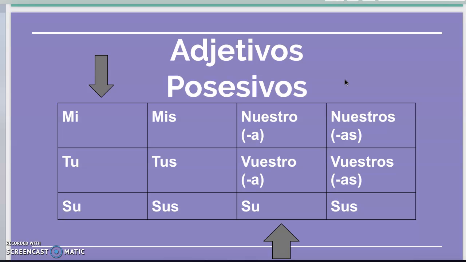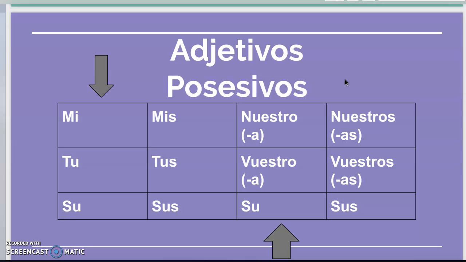So first off, let's try and think of what they are in English. What are our possessive adjectives in English? Well, we have my, his, her, his, her, your, our. Okay, so let's take a noun, because the possessive adjective is what we just listed.